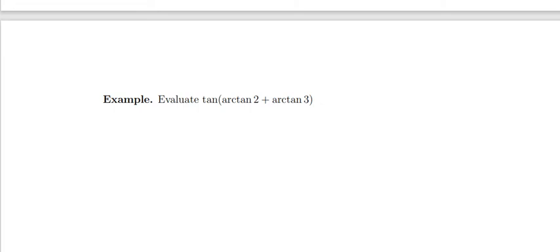So here basically we need to find tangent of this angle plus the other angle, tangent of alpha plus beta. So what is alpha? Alpha is this angle. Alpha is arctangent 2.